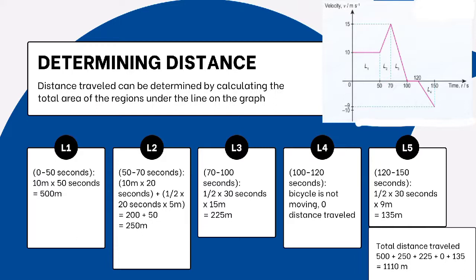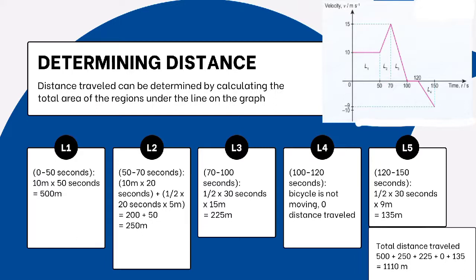For L3, 70 to 100 seconds, 1/2 times 30 seconds times 15 equals 225 meters. For L4, 100 to 120 seconds, the bicycle is not moving, so 0 distance traveled.